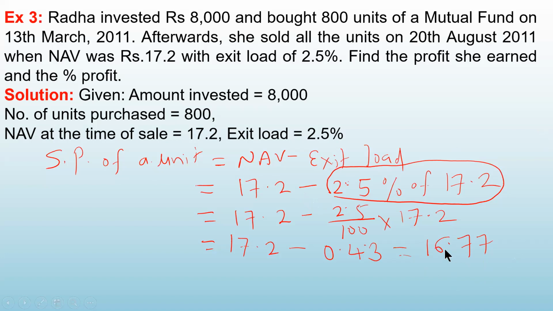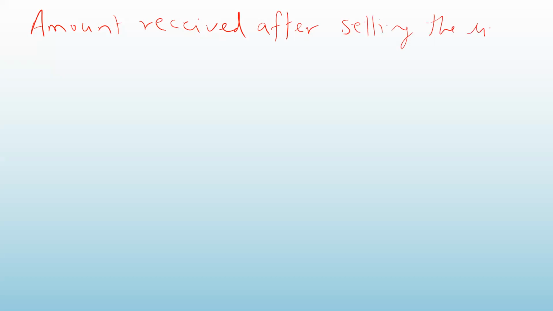Now, how will you find the amount received? Selling price of 1 unit multiplied by number of units sold. So how many units was she having? 800. She sold all the units. The number of units sold is 800. To find out the amount received after selling the units, how will you calculate that? It is equal to selling price of a unit multiplied by number of units sold.